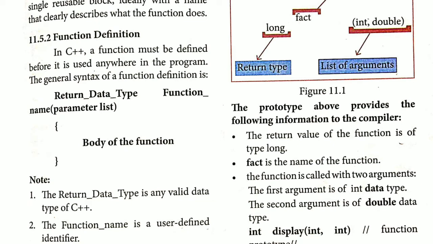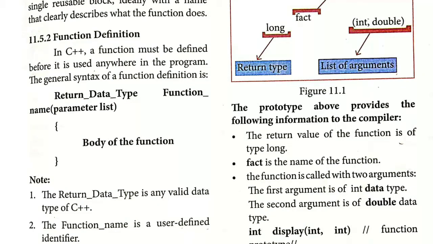You can give the return type as integer, so it will return or display the output in integer format. If you don't need any output, or you don't want any value from this function, then you can give that as void.